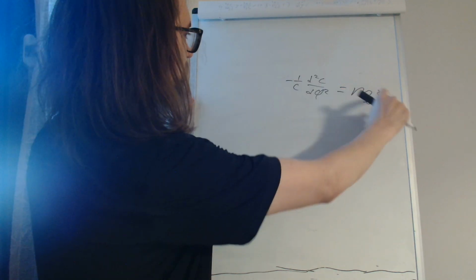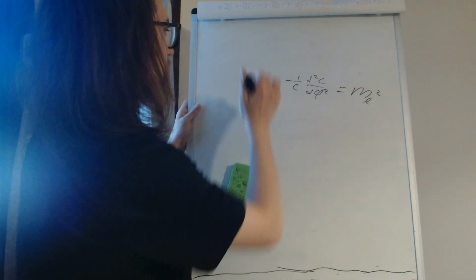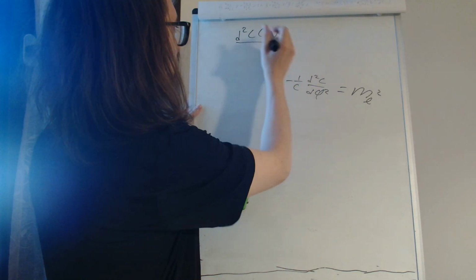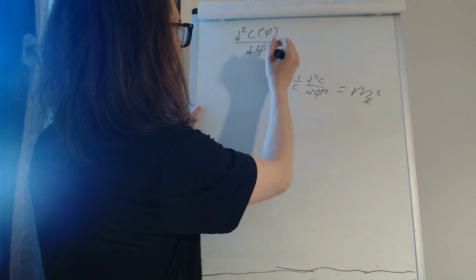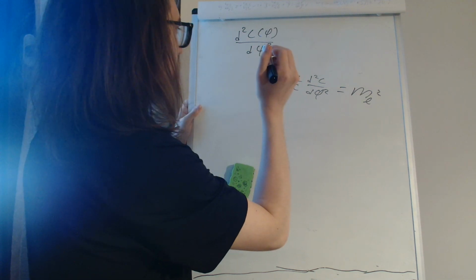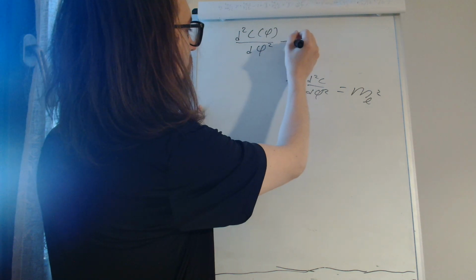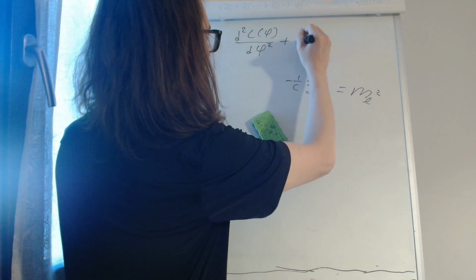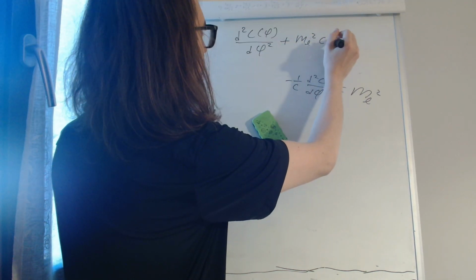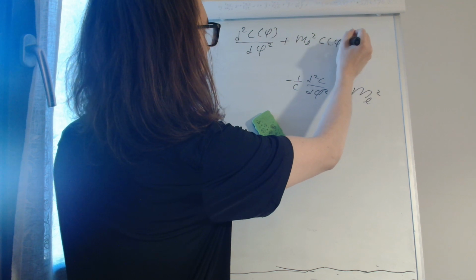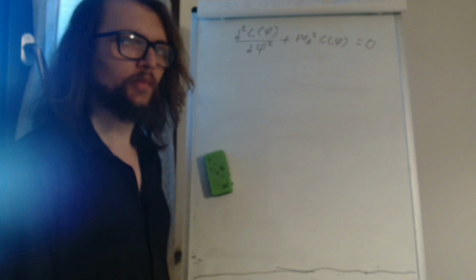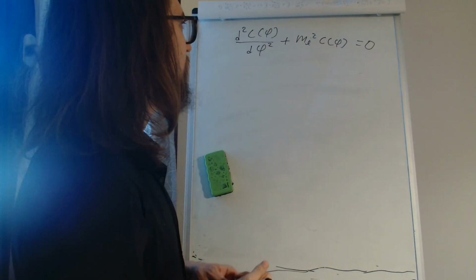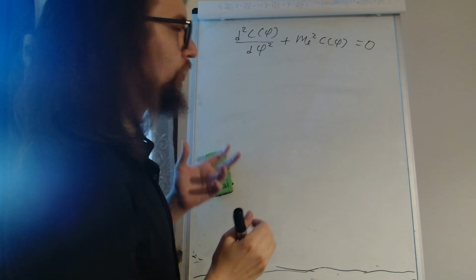We put everything to the right and we multiply by Φ, and we get this second order linear ordinary differential equation: d squared Φ on dφ squared plus ml squared times Φ of phi. This is one of the most simple second order linear differential equations, and it has very simple solutions.